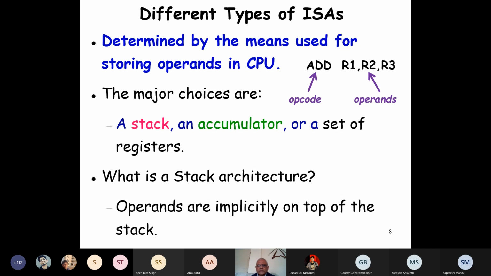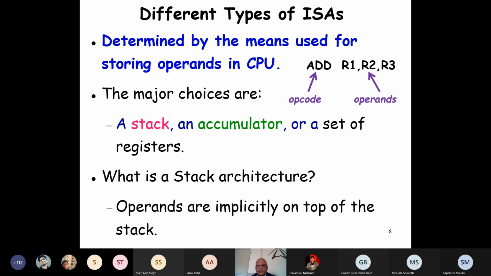Now, there are three major choices by which the operands can be stored before they are processed. One is a stack, one is accumulator, and one is a set of registers, the general purpose registers. What is the stack architecture? In the stack architecture, there is a stack internally in the CPU, and the operands have to be on the top of the stack.